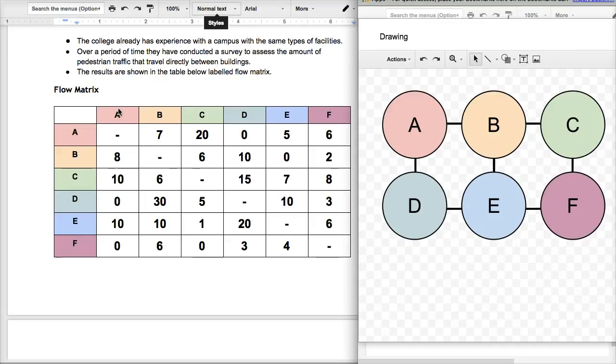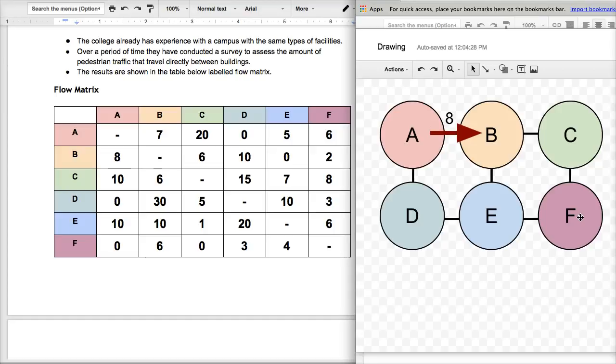For example, the amount of people traveling between A and going straight to the building B is 8 people. And the amount of traffic going from building B directly to building A is 7 people. Let's take another example from the flow matrix.